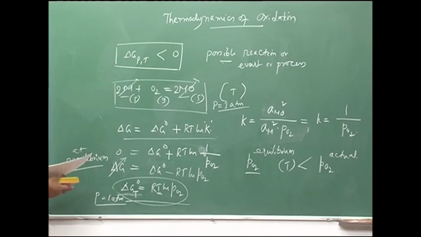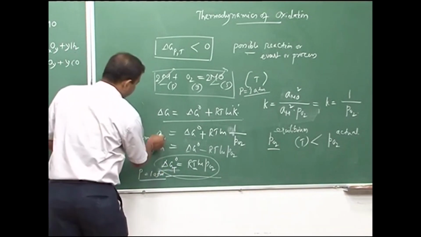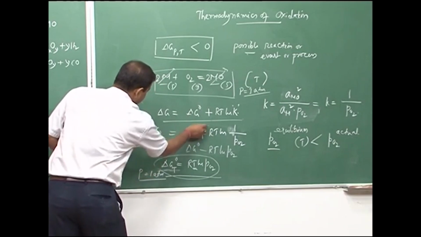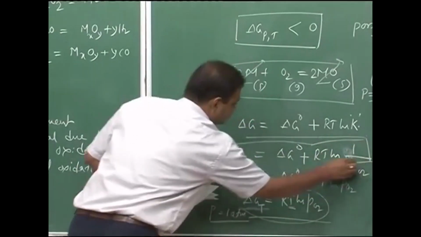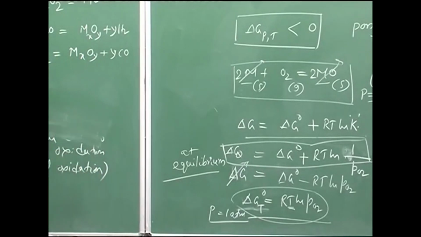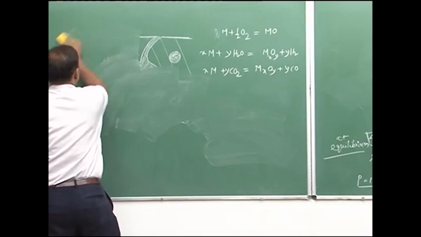Let us see whether we have this condition or not. We have to start with this equation, del G, and from the initial condition written on this side we can easily determine whether oxidation is possible or not.